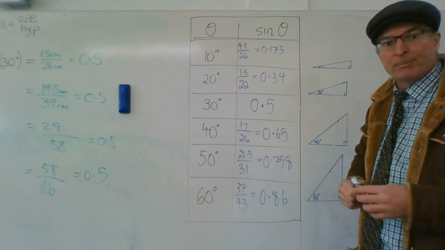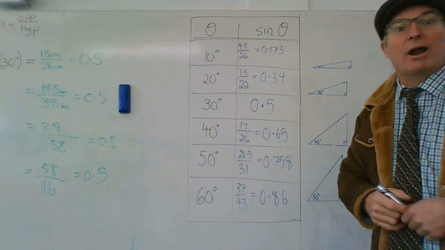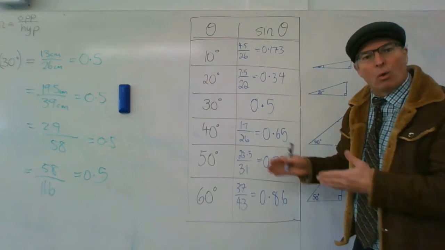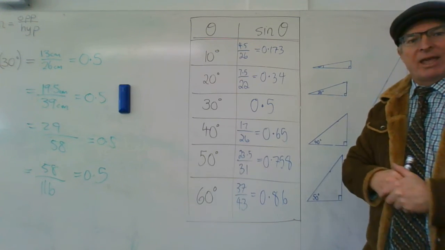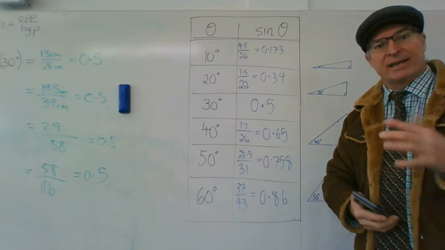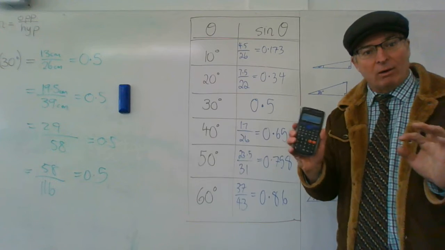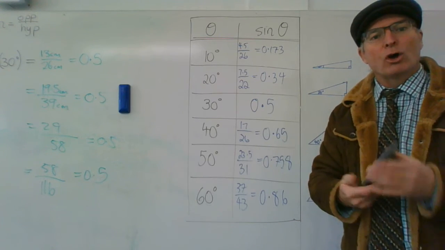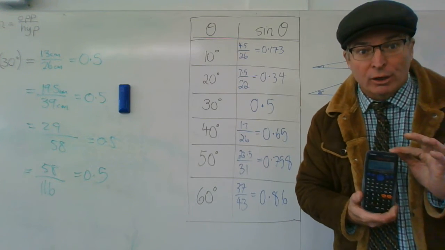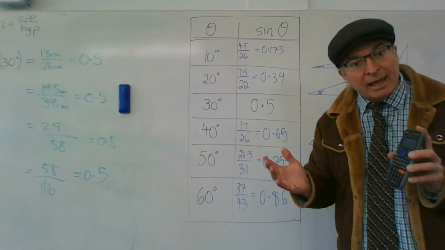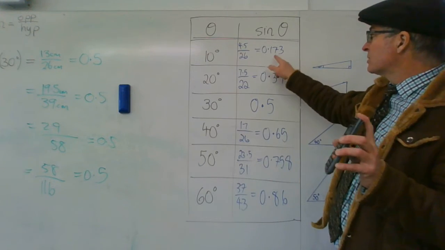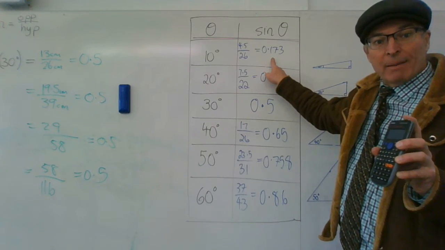Must be. Now, fortunately, we don't have to measure it up to figure out what all these are always going to be. The calculator has a way of doing it, which we will discuss later in this topic as an extension. But just for now, you need to know that as long as your calculator is in degrees and turned on, you can just type in sine 10 equals, and it should pop that number out for you.